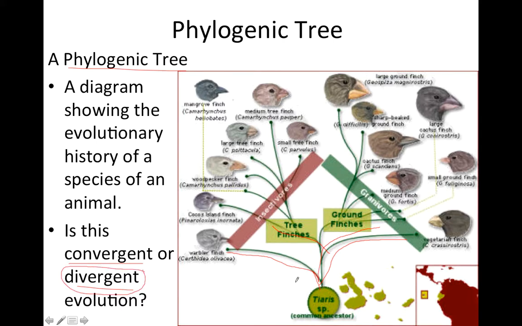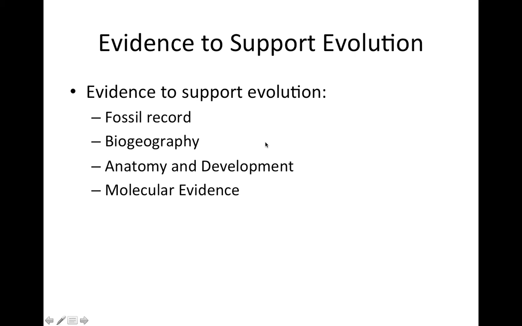This is also showing multiple or 2 or more splits. All right, last little bit of our notes is evidence to support evolution. We know that evolution exists because of these 4 things right here. This proves it for all of us.